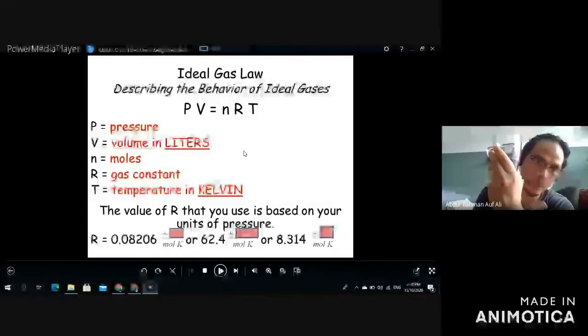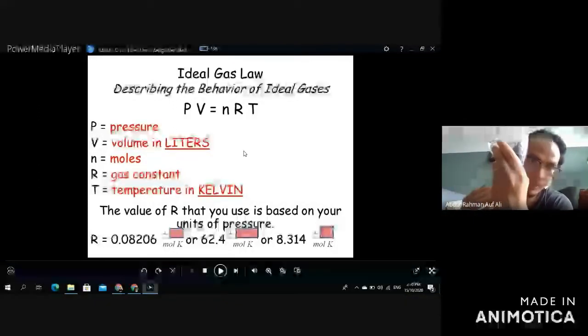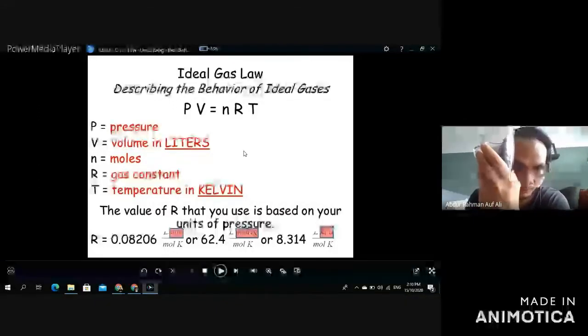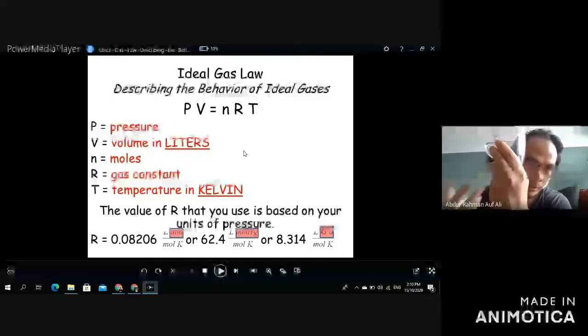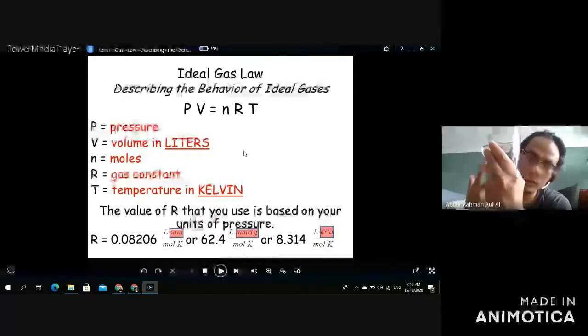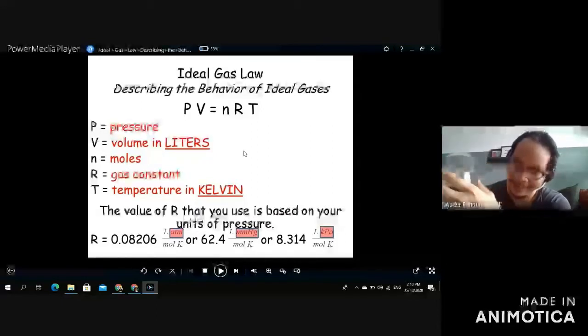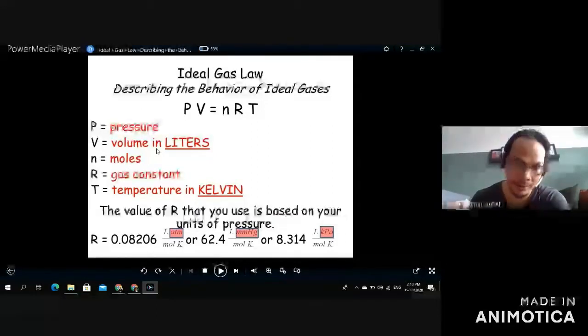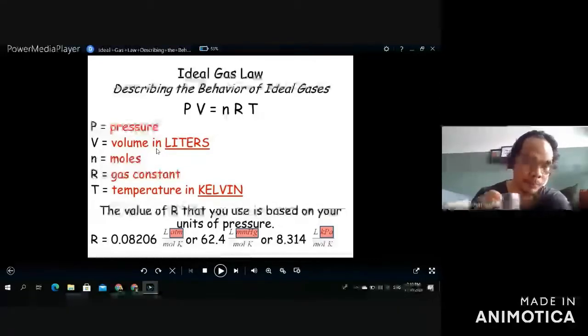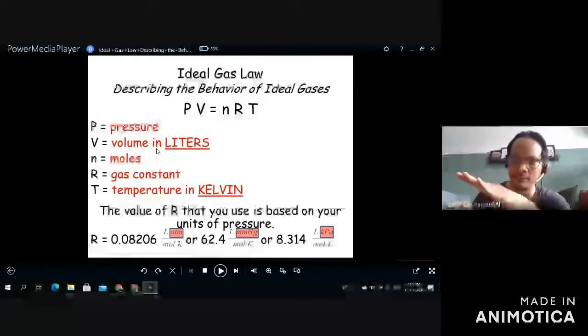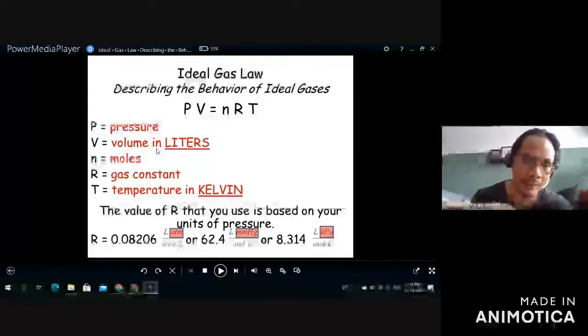Bila kita dapat energy, we have to use that energy. Bila kita ada tenaga, kita boleh buat kerja dengan lebih banyak. We move a lot more, we can move faster. So the same goes with gas molecules. When they get energy, dia akan move faster, and when they move faster, dia akan bounce off the walls of this cawan, and the pressure inside this cawan, because it is closed, will increase.